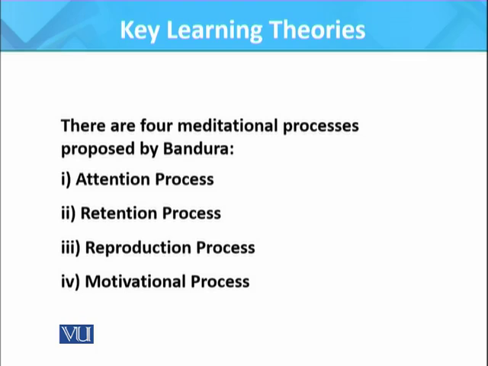Third is reproduction process. Reproduction process is the ability to perform the behavior that the model has just demonstrated. Now this theory has introduced the concept of models. A model can be any leading personality, celebrity, parents, friends, relatives.